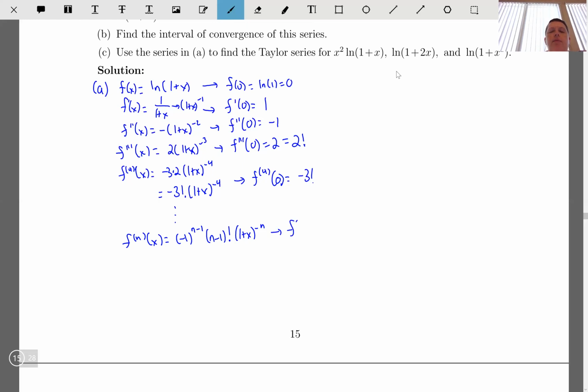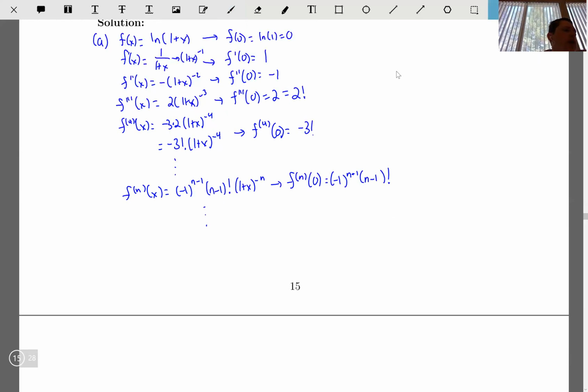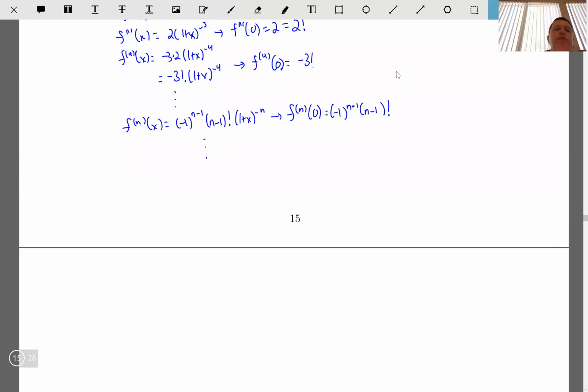And so when I evaluate that at 0, I get negative 1 to the n minus 1 times n minus 1 factorial, dot dot dot, because this keeps going on forever. Okay, so where the series converges, we haven't talked about that or determined it yet, so we're just going to say wherever it converges. I don't know, and I don't care for the moment.